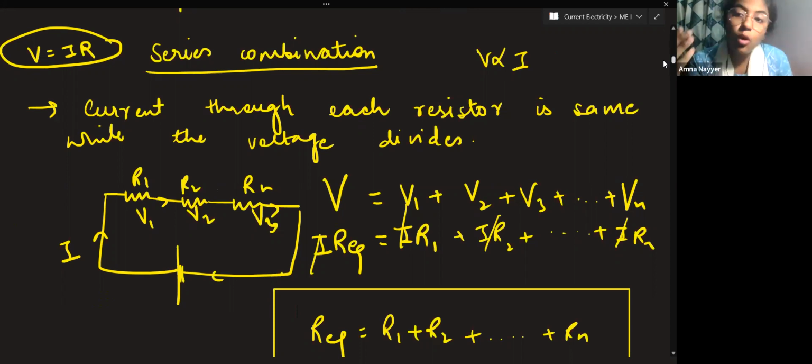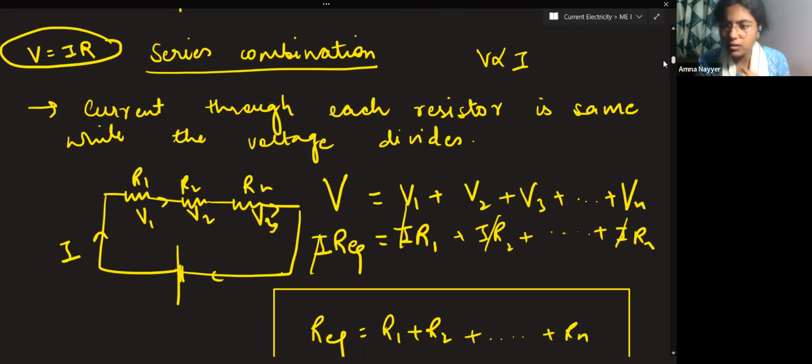Also, when you reach alternating current, there you have inductors as well. So at the end, you will be having resistors, capacitors, and inductors, and there will be combinations of all these. So this is simple to understand, but the main thing is how to identify whether it's in series or in parallel. First, remember one thing.